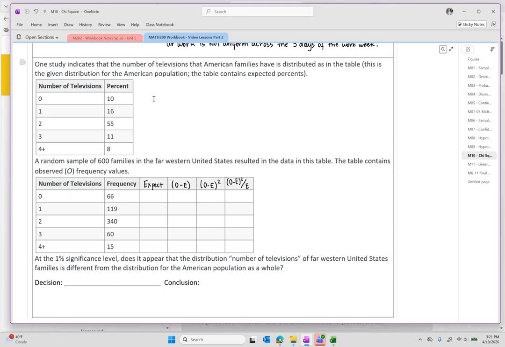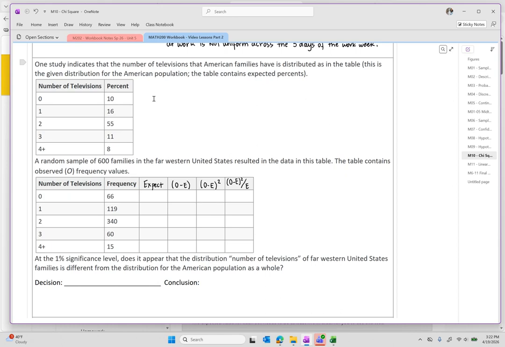The table indicates that 10% of American families have no televisions at home, 16% of families have one television, 55% of families have two TVs, 11% of American families have three TVs, and 8% of American families have 4 or more TVs at home.